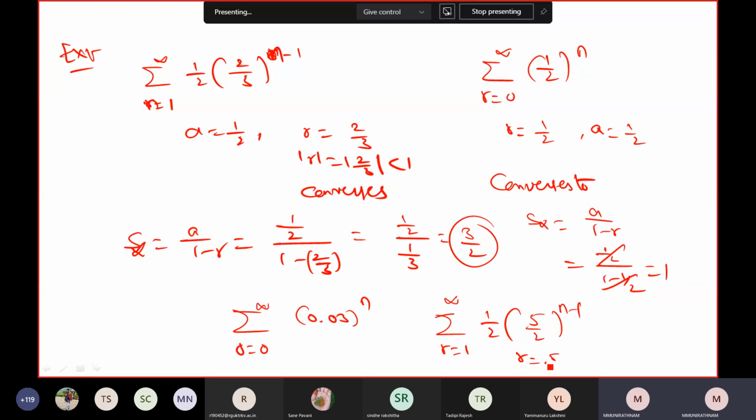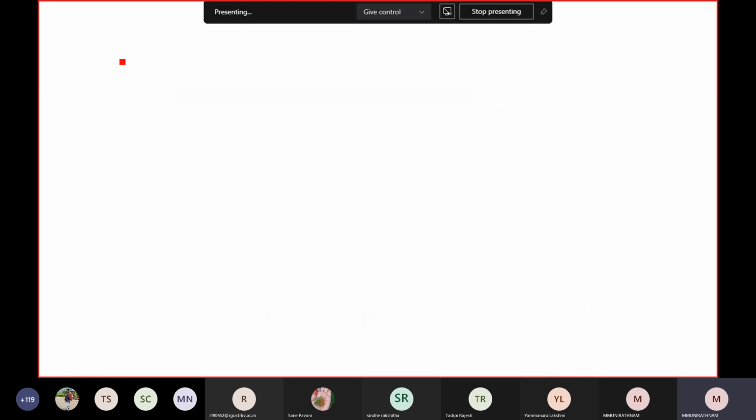What is r? 5 by 2, that is 2.5, which is greater than 1, so it diverges. Okay, now, is this convergent or not? Diverges, sir.